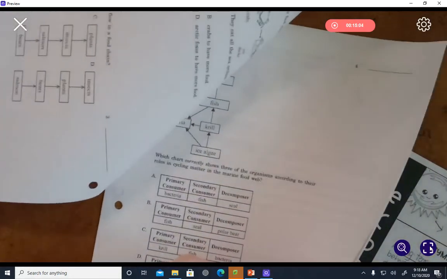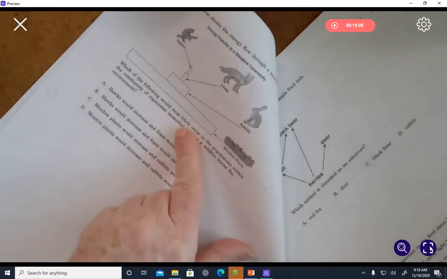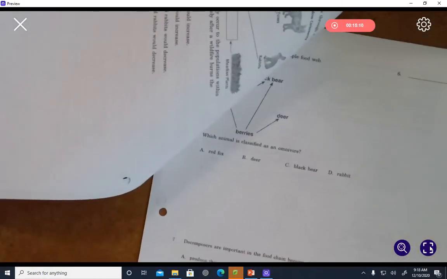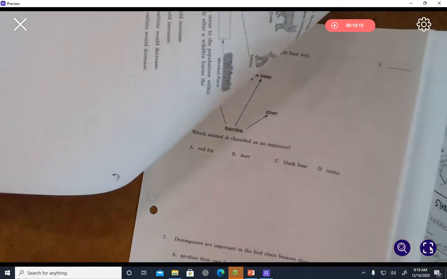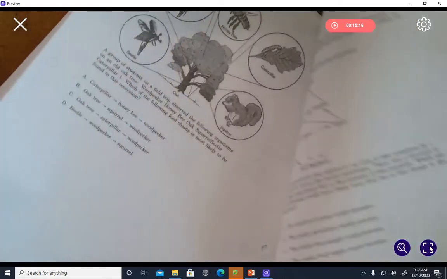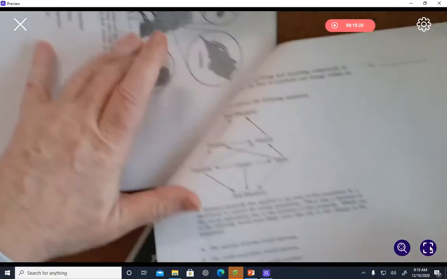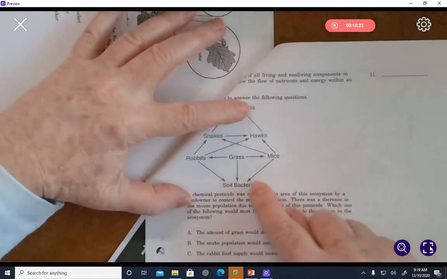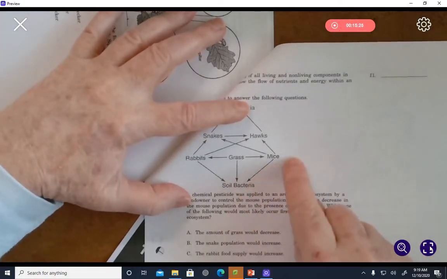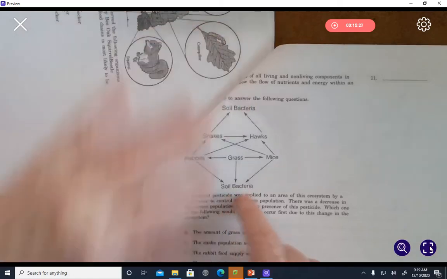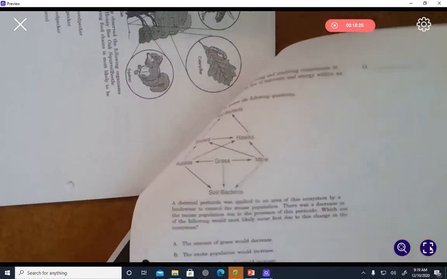They kind of show you so many different ways that you could see a food web. Looking for that weird one, like over here, the fact that mice are pointing down here, you know that the energy is going this way, so soil bacteria must be the decomposer.